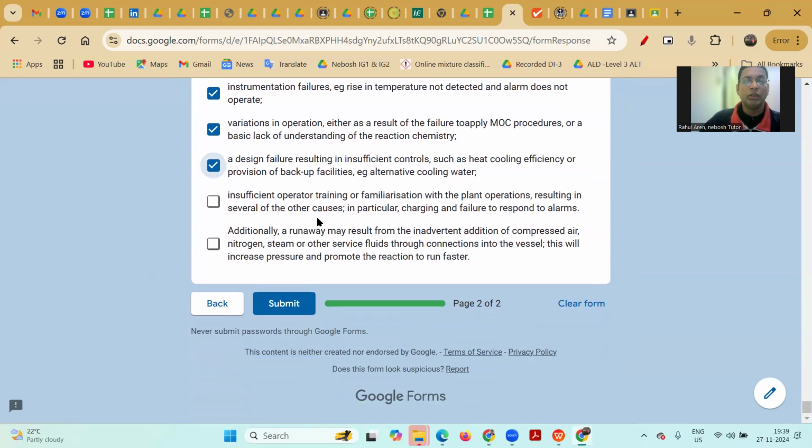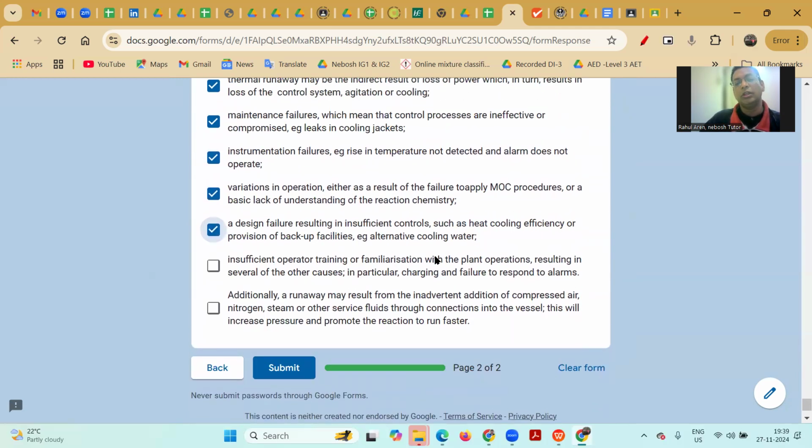Then insufficient operator training or familiarization with the plant operation, resulting in several of the other causes, charging and failure to respond to alarm. Additionally, a runaway may result from the inadvertent addition of compressed air, nitrogen, steam or other service fluids through connection into the vessel. This will increase pressure and promote the reaction to run faster. So all are the correct answer.